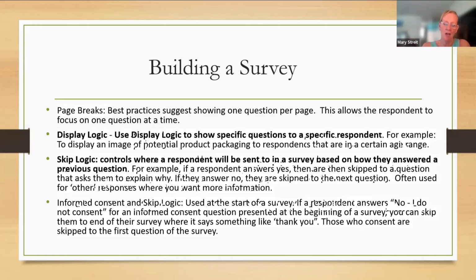If they click on no, skip logic will send them to the end of the survey where it says, thank you very much for your time and consideration. So skip logic tells you which question to go to. Sometimes people who say yes get questions A, B, and C, but people who say no just go to the next question. Does that make sense? And you can do that in Qualtrics.